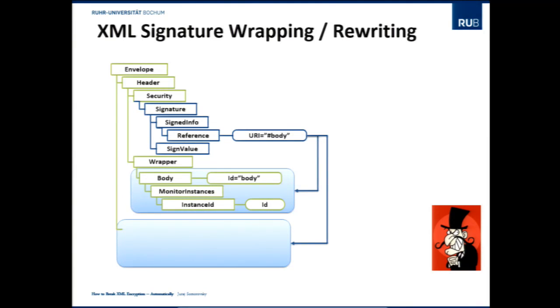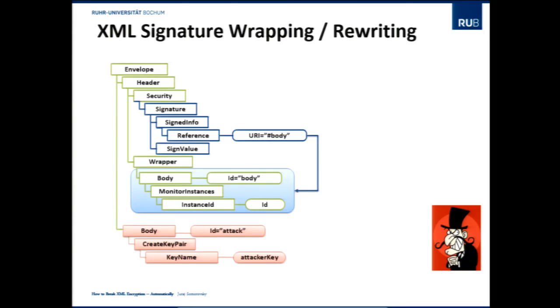Since the ID of the document is the same, the reference now points to this moved body element. And now the attacker can define new data. So he can actually overcome the signature protection and create a new function invocation. This attack was actually described in 2005 by two independent researchers, by McIntosh and Oster, and by Bhargavan et al.